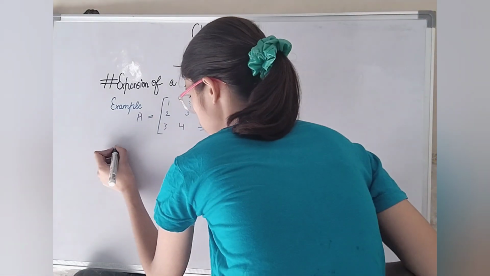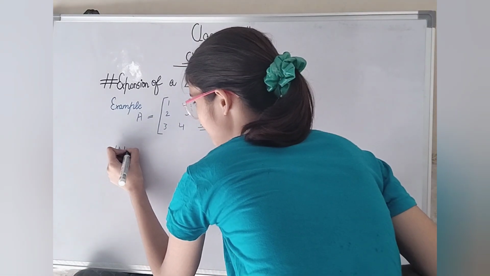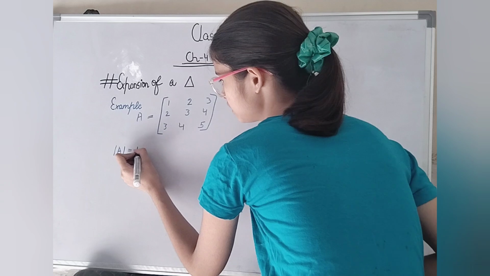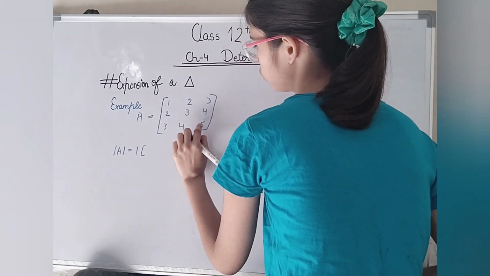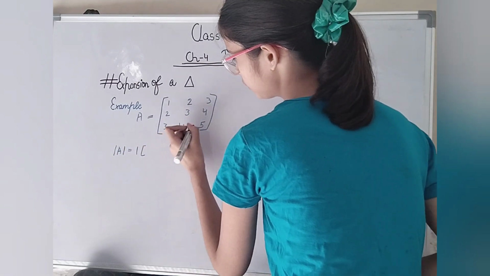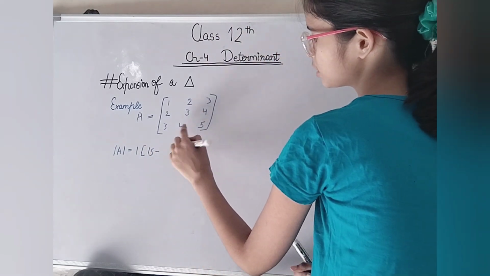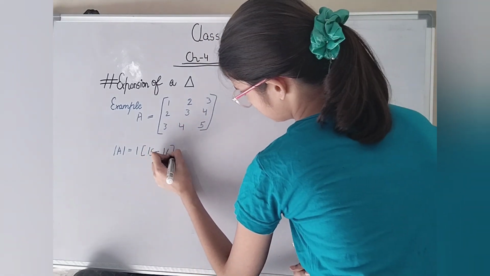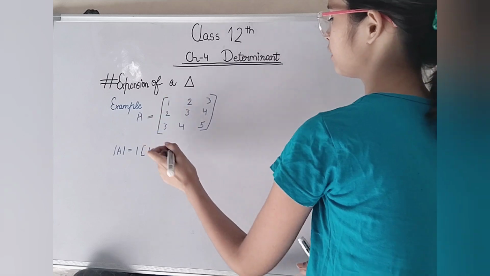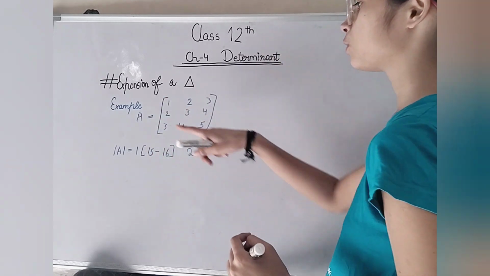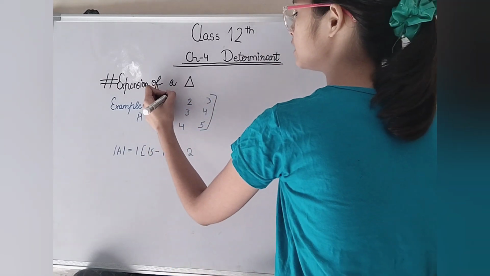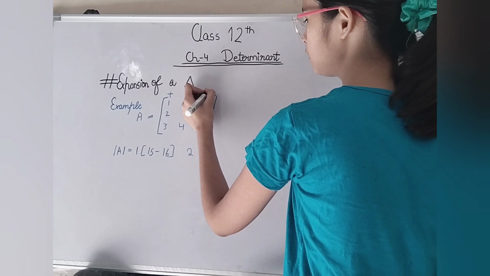So how are we going to solve this? Determinant A is equal to 1 into 5 threes are 15 minus 4 fours are 16. Now we have the next element 2. So we know what signs we assign: it is plus, minus and plus.